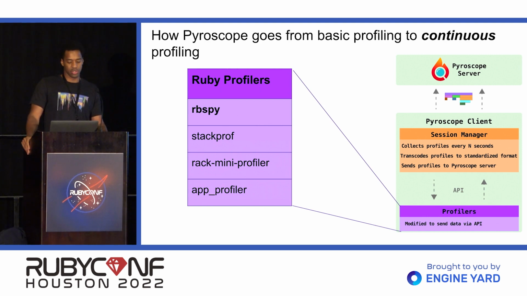But most frequently, at least out of the box, they're not necessarily meant for continuous profiling. They're meant more for when you want to SSH into a server, figure out why it's acting weird, and you might run rbspy to figure out what your application is doing, or maybe during a test suite or a script.